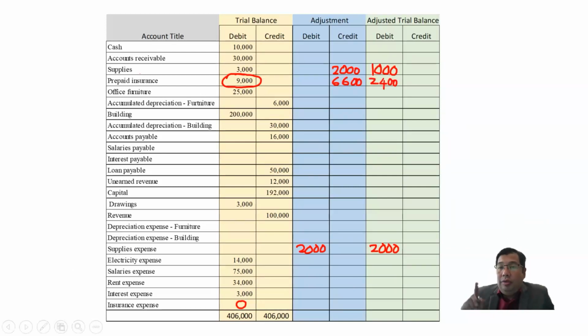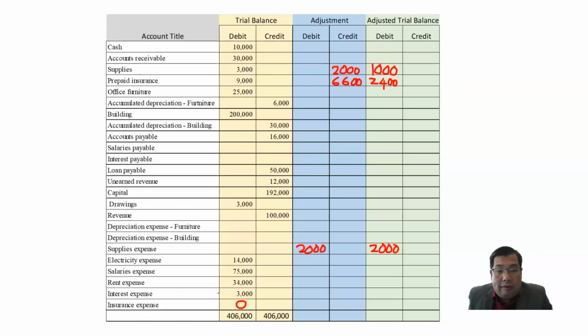My new balance is 2,400, because this is debit and this is credit, so you minus. 9,000 minus 6,600, that's why you got 2,400. Debit and debit will be plus. Credit and credit will be plus. But if it's opposite, for example debit and credit or credit and debit, you need to minus.